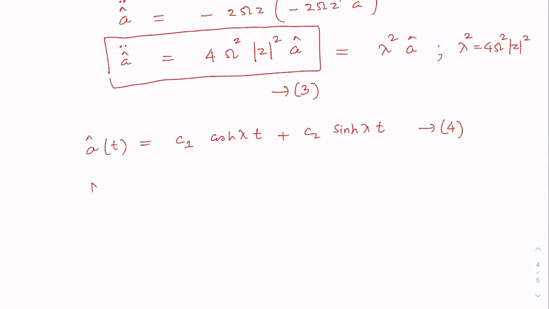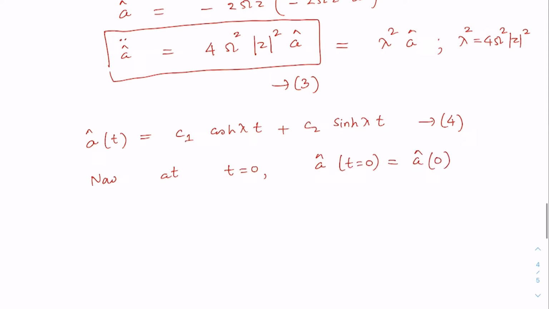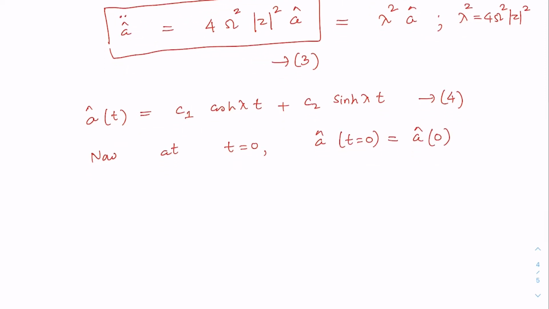Now we know that at t equals 0, we have a at t equals 0, which we write as a of 0. If I put these initial conditions in equation 4, immediately you see that c1 is a of 0.